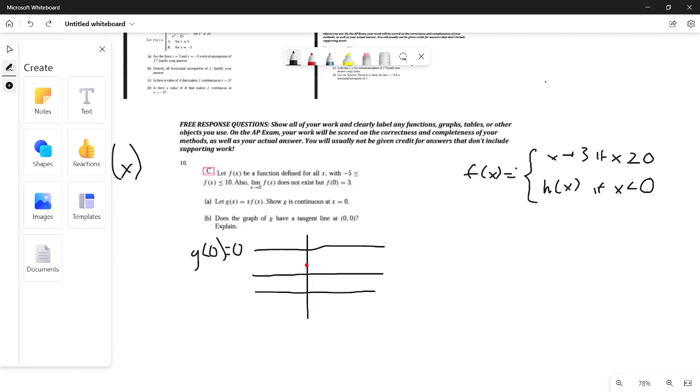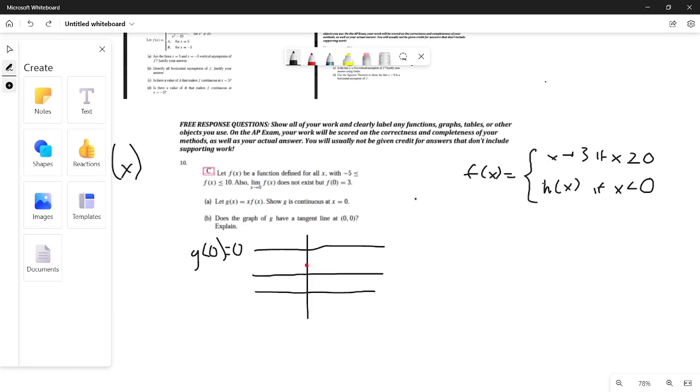What is h of x, Tom? I just put h of x because it could be any function below as long as this part is going to equal 3 when it's there. I guess it can't be h of x because it could also be x plus 3.